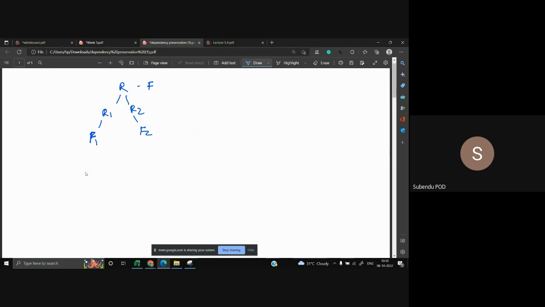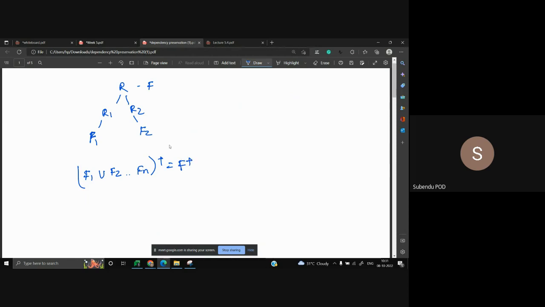So if F1 union F2 and so on up to Fn, the closure of this is equivalent to the closure of F, then the dependencies are preserved. We'll see with the help of an example. Don't worry.